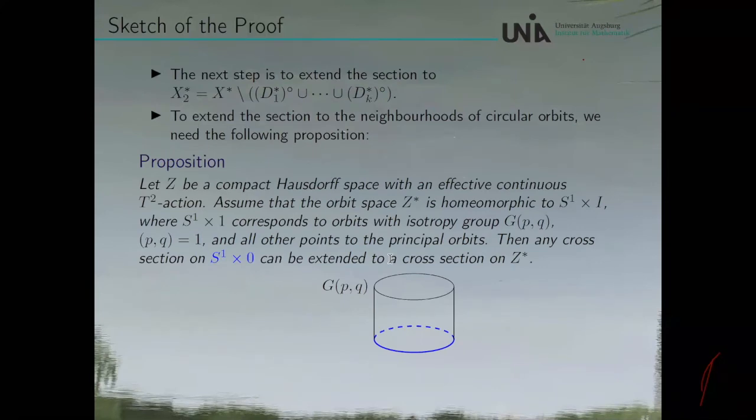It says if I have a compact Hausdorff space with an effective T2 action in a very general case, and the orbit space is a cylinder, such that the upper circle corresponds to the points with GPQ as the isotropy groups, and the rest corresponds to the principal orbits, then any section given on the lower circle can be extended.